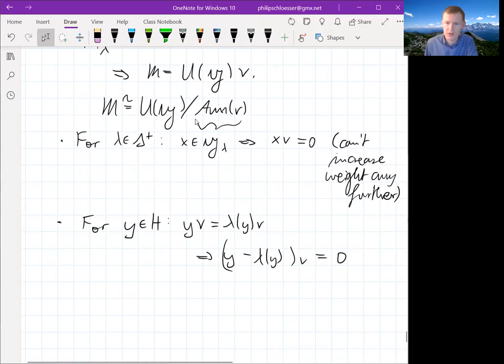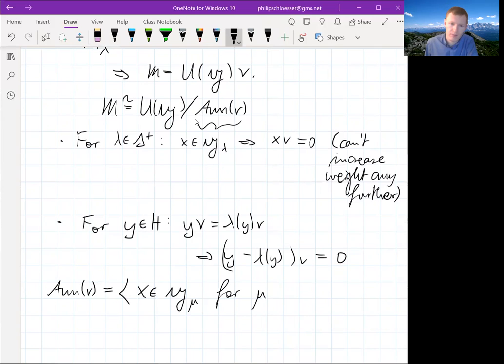And that turns out to be everything. So this is the ideal generated by x in the positive root spaces, and by relations of the kind y minus lambda of y for y in the Cartan subalgebra.